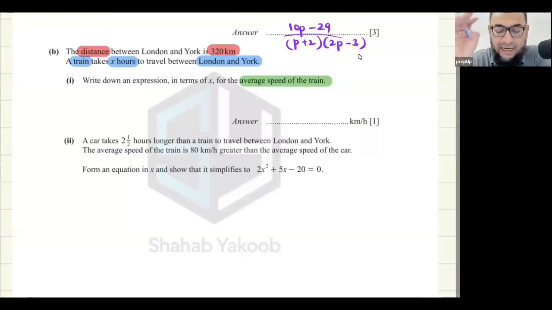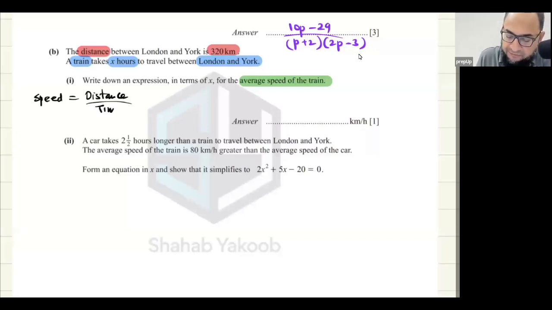Now you heard and listened and saw the words distance, time, and speed. So how are they correlated? We know that speed is equal to distance divided by time. That is the first thing that you should be aware of.